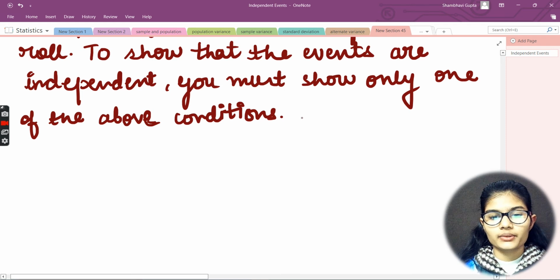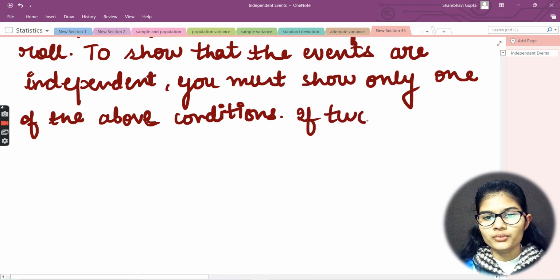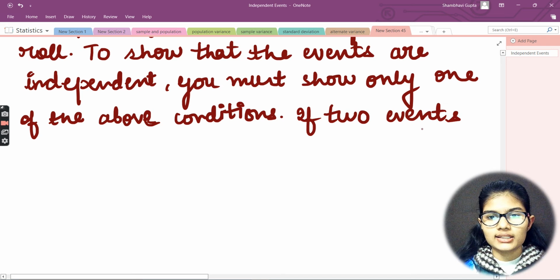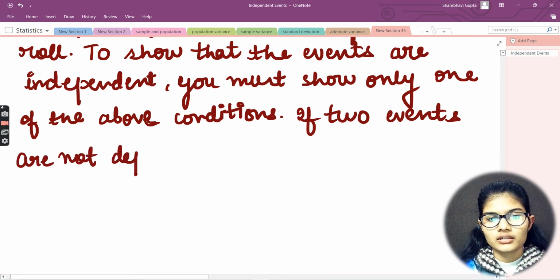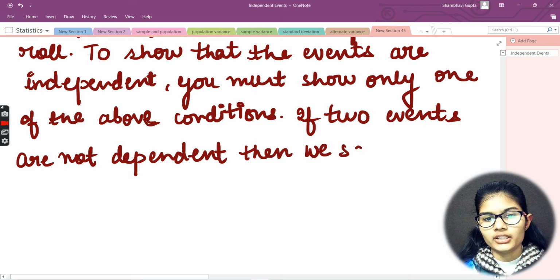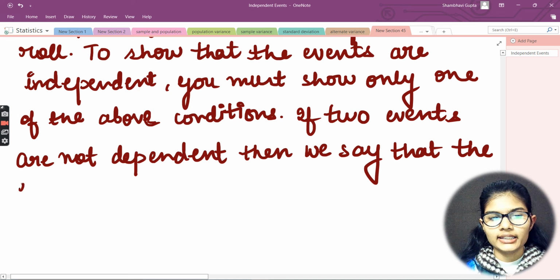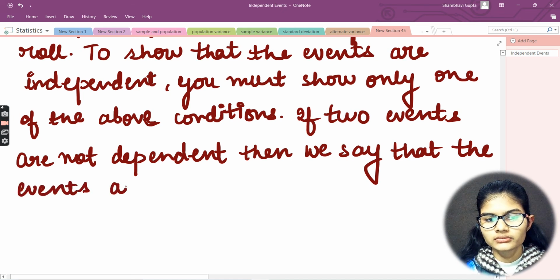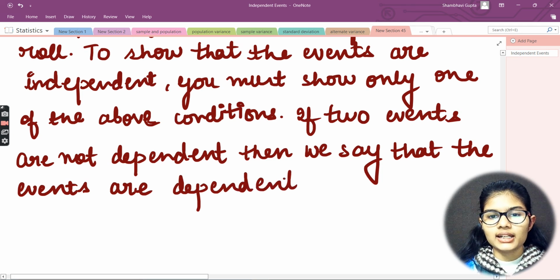I would just write that out: if two events are not independent, then we say that the events are dependent. So in that respective case, we say that the events are dependent.